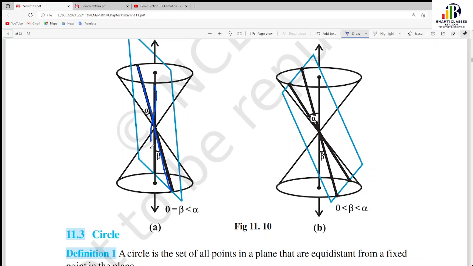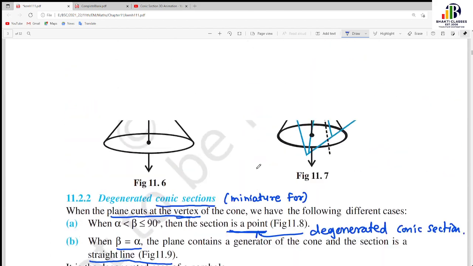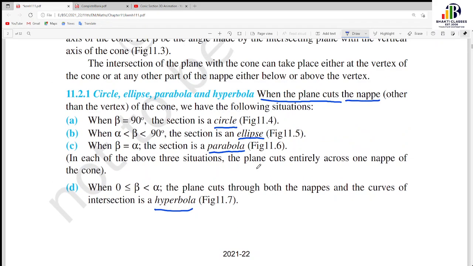It is the condition of 0 is equal to beta is less than alpha, and this is the condition of 0 less than beta is less than alpha. This is called degenerated form of conic section. So here in this topic we have learned which are the different conic sections and which are the different degenerated conic sections.